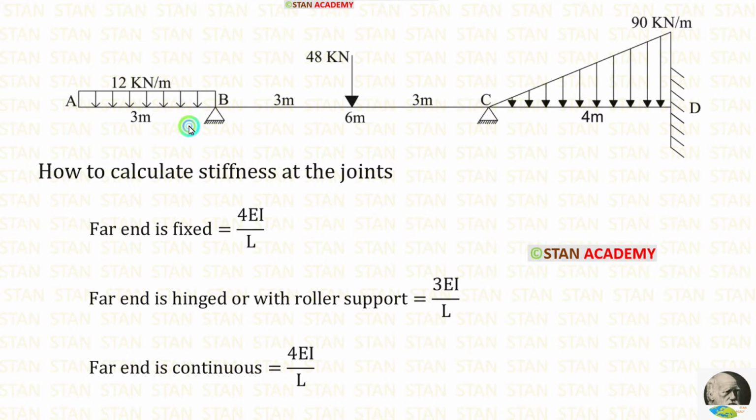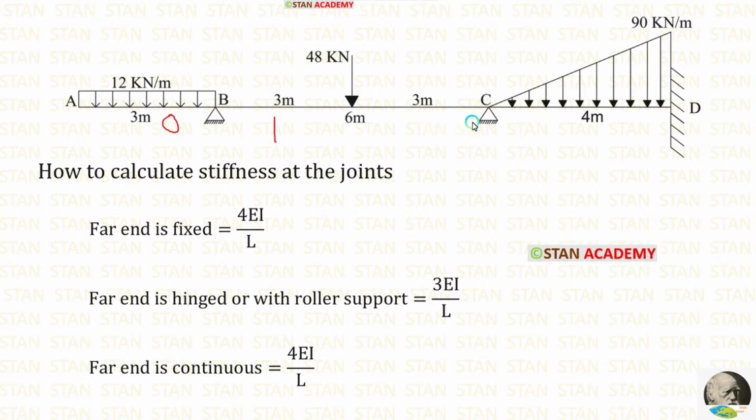In this analysis, there are two joints, joint B and joint C. No need to calculate the distribution factor in the joint B and waste the time, because we can easily say the distribution factor in the joint B since there is overhanging on the left of B. For the overhanging side, the distribution factor will be 0 and on the other side it will be 1. So the distribution factor for BA will be 0 and for BC it will be 1.